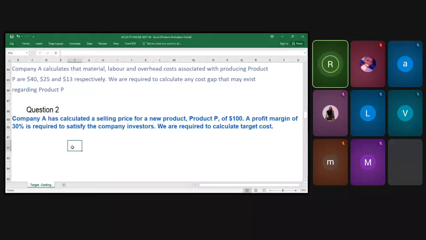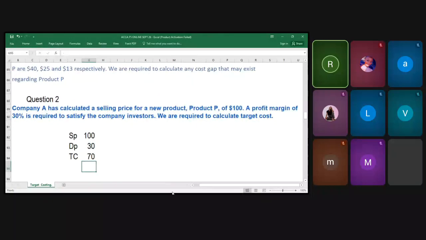This one is quite easy: selling price, desired profit, then target cost. 100 minus 0.3 times 100 is the desired profit, so the target cost is 70. Let me check the chat box. 70, 70, 70, 70. So on question 2, I think we all got it correct.